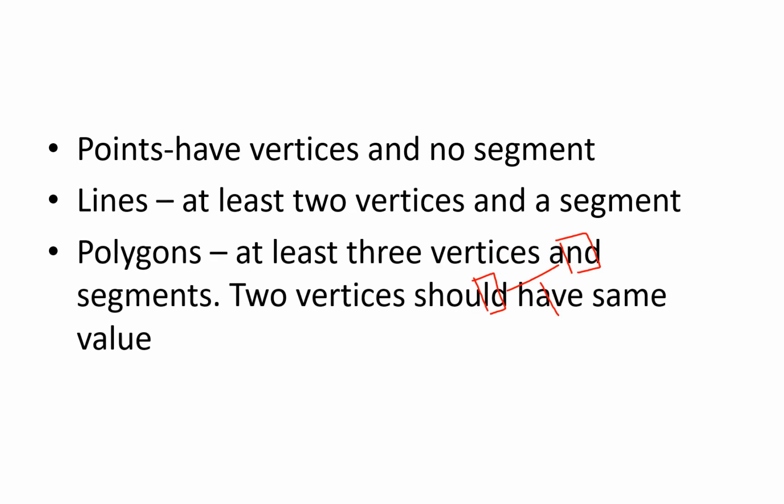As for polygons, at least three vertices and segments should be there. Now, an additional property of polygons is that the last and first vertices should have the same value. We are going to look at this in more detail shortly afterward.